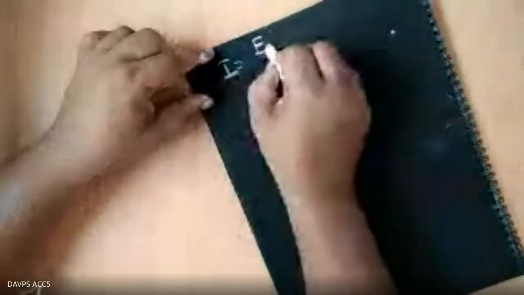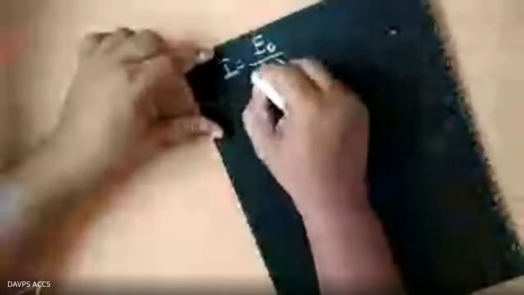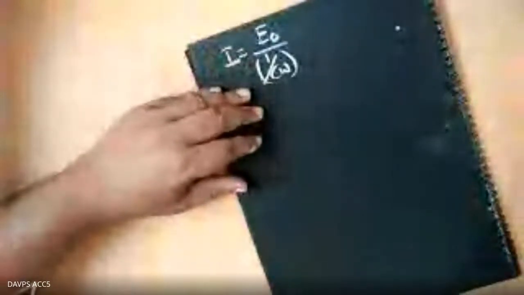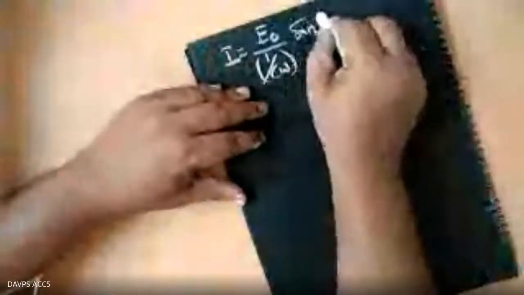This part I am rearranging: E naught upon 1 upon C omega. If it is reversed, automatically you find E naught C omega. So I equal to E naught upon 1 upon C omega, times sine omega t plus pi by 2.